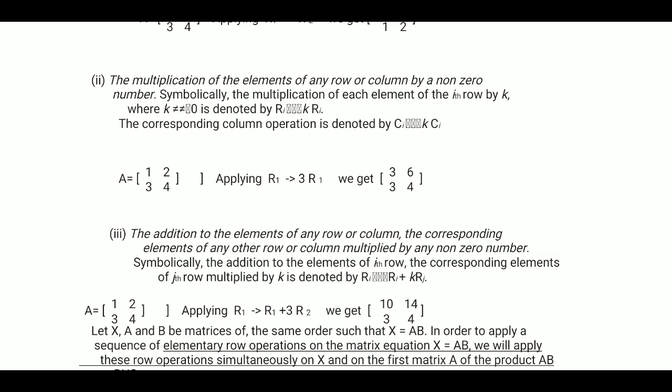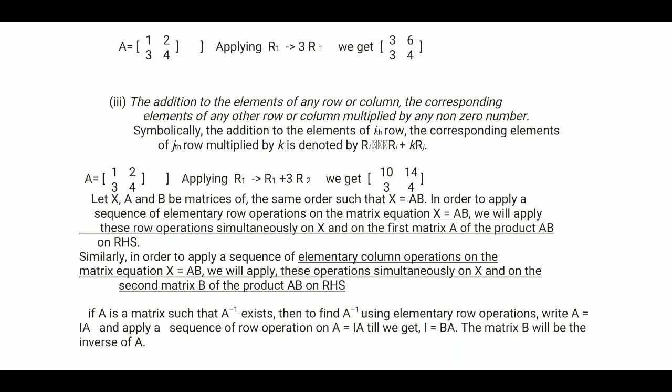And the third transformation is the addition to the elements of any row or column, the corresponding elements of any other row or column multiplied by a non-zero number. It means you can change any row by adding a constant multiple of another row correspondingly.